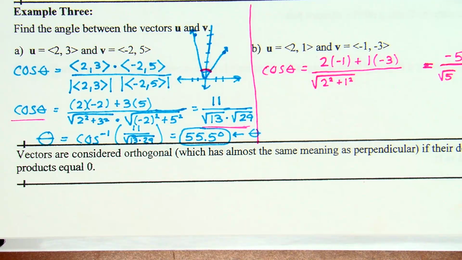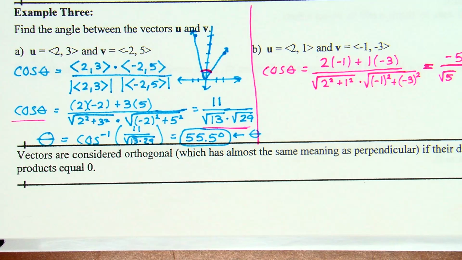Second length, or magnitude. Vector is negative 1, negative 3, so we're going to be doing the square root of negative 1 squared plus negative 3 squared. And that's going to become the square root of 10.